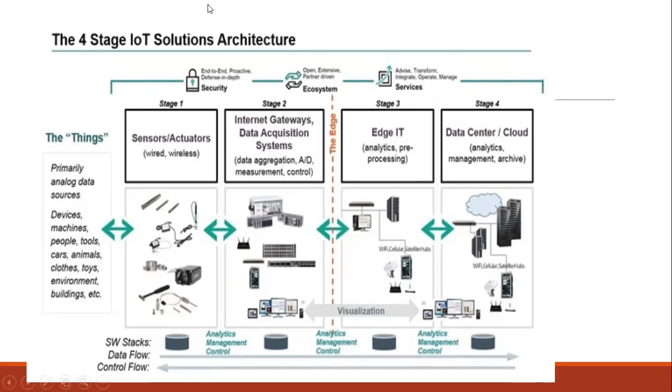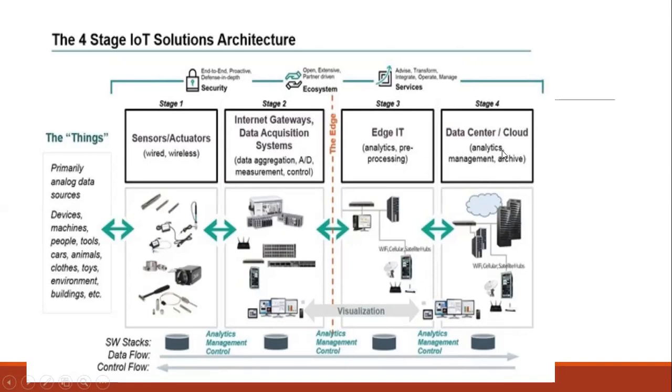So here you can see IoT solutions have these four stages. First one is sensor, second one is internet gateway and data acquisition system, third one is edge IT, and the last one is data center and data cloud.